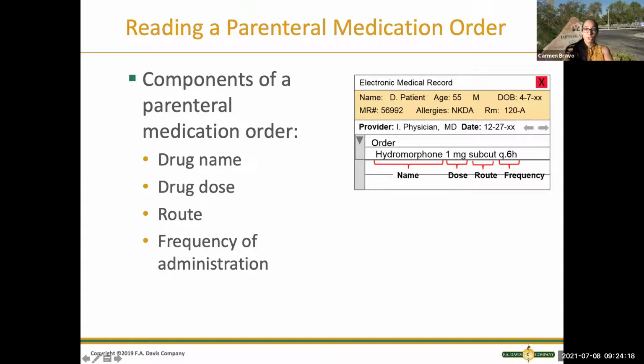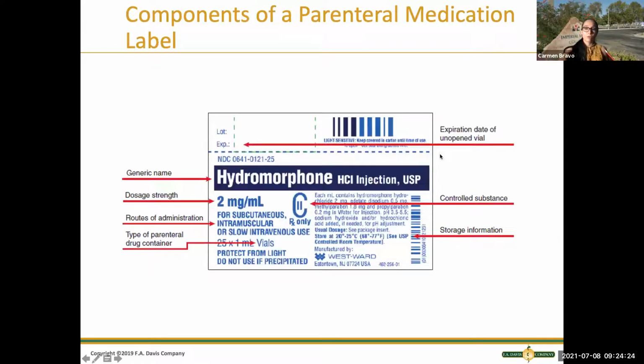And then when the doctor makes this order, it gets transcribed into pharmacy, and then we have to confirm with the label when we are going to give the medication. I'll show you, because with medications such as hydromorphone, which are small dosages but very potent, we have to make sure that we are drawing the right amount.